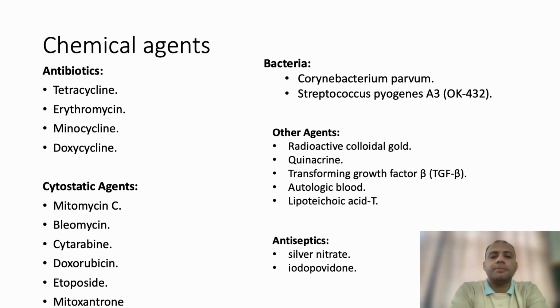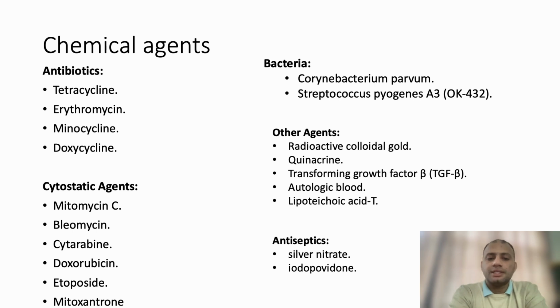Starting with the chemical agents, to name some, in the antibiotic section it can be tetracycline, erythromycin, minocycline and doxycycline. Cytostatic agents can be used such as mitomycin C, bleomycin, cytarabine, doxorubicin, etoposide and mitoxantrone. And bioactive agents like bacteria, Corynebacterium parvum and Streptococcus pyogenes A3 or OK432 can also be used.